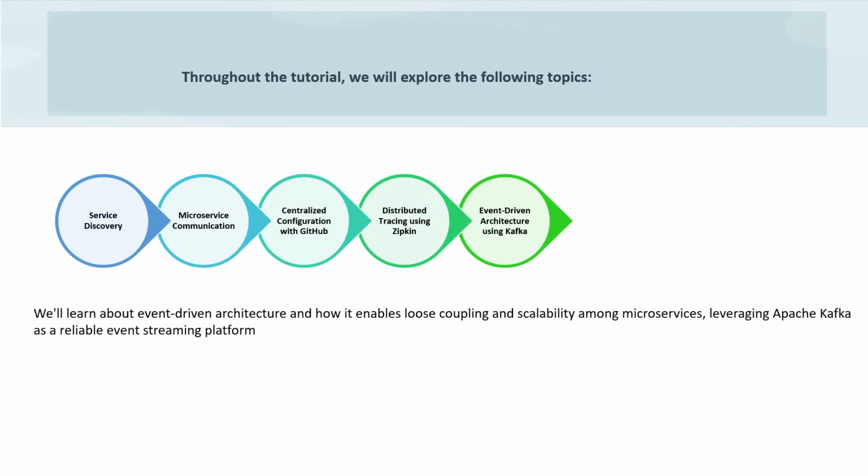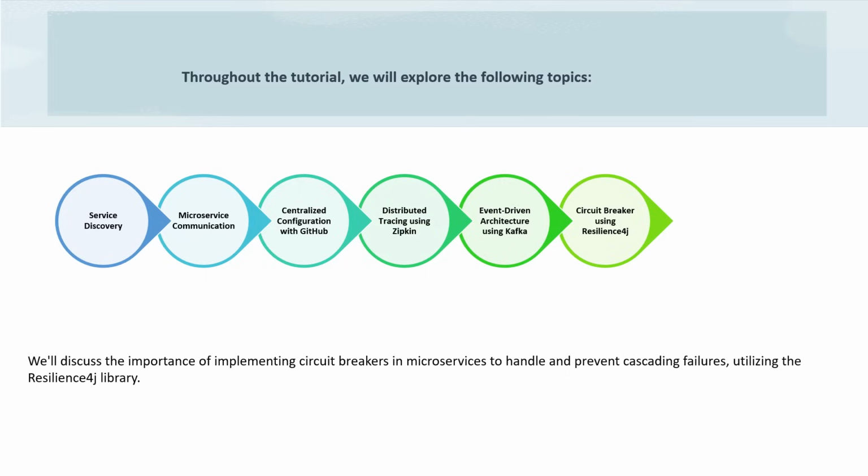Event-driven architecture using Kafka. We will learn about event-driven architecture and how it enables loose coupling and scalability among microservices. Next, we will learn about circuit breaker using Resilience4J. We will discuss the importance of implementing circuit breakers in microservices to handle and prevent cascading failures utilizing the Resilience4J library.